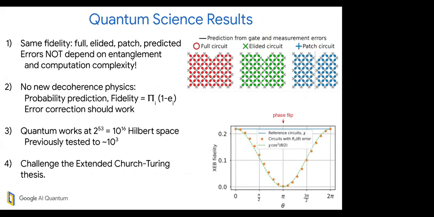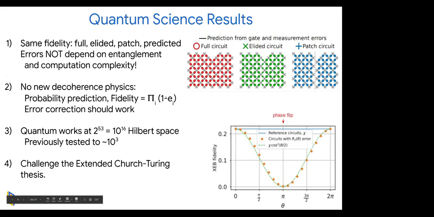So the fidelity does not seem to depend on the amount of entanglement, because patch has half the entanglement of full circuits, for instance. And it does not seem to depend on computational complexity, because it's very easy to simulate these patch circuits, but it's very, very hard to simulate these full circuits. So that's good. Fidelity seems to be physical and unrelated to computational complexity or entanglement and things like that.